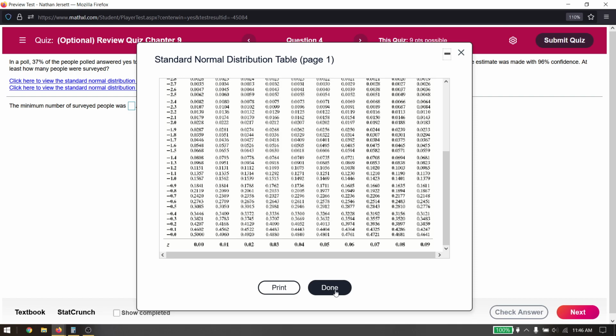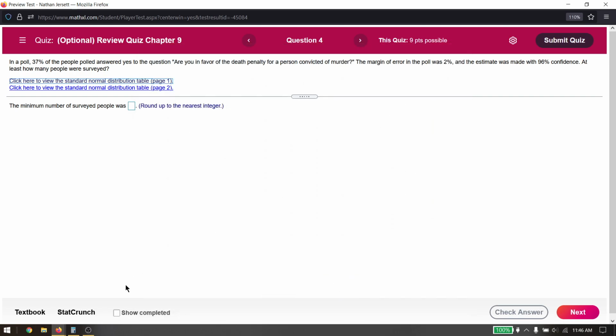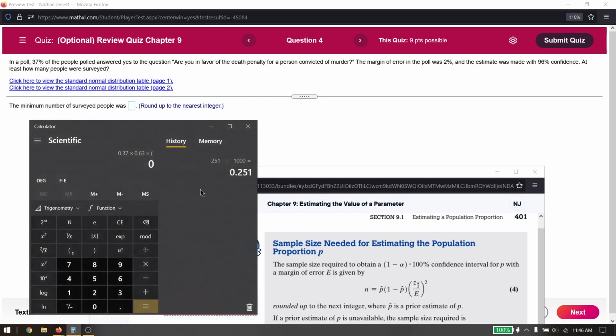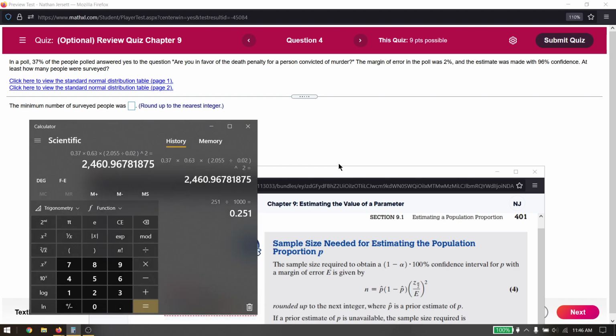Let's try it out and see what they say. Okay, so 2.055 divided by E, which was given to us as 0.02. And then you square that, giving us, we're going to round up, 2461.